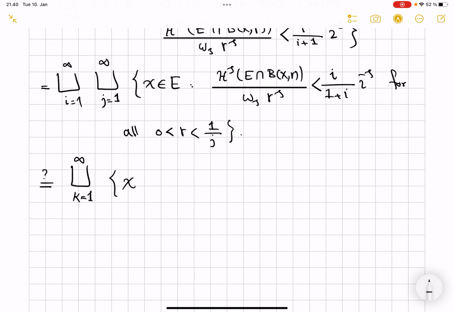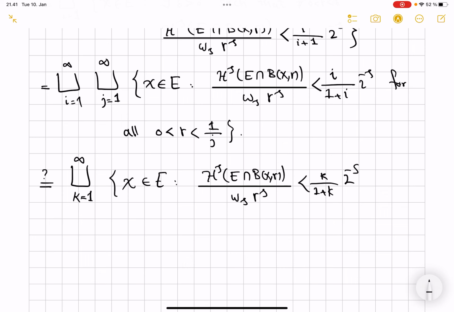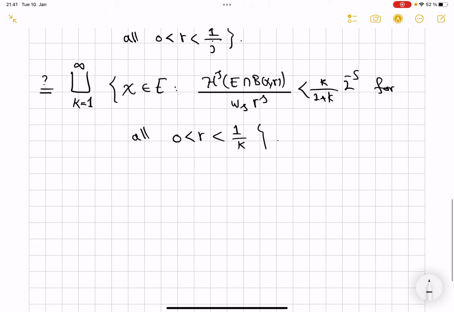That's why you can combine them into saying that, well, let it happen at the same rate, so that H^s of E intersection with B(x,r) divided by omega_s r^s is less than k over 1 plus k times 2 to the negative s for all r that is less than 1 over k. So I leave that confirmation for you.